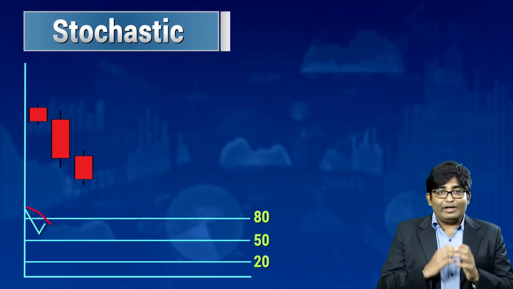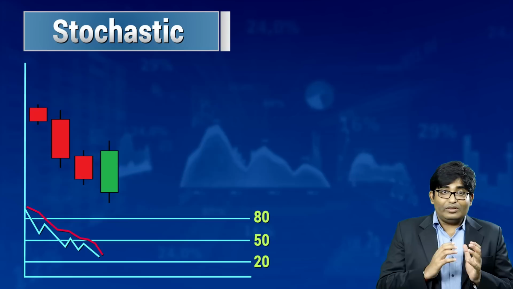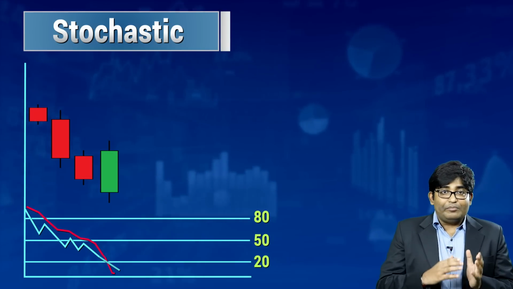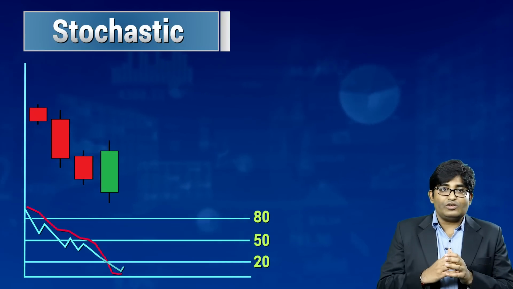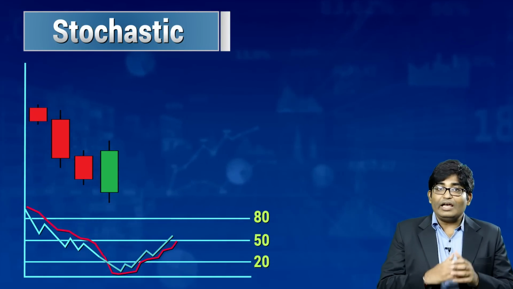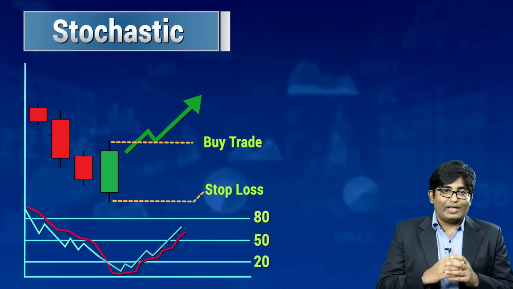Another type of bullish signal is generated when percentage K line crosses the percentage D line. Now this percentage K crossing the 20 region and the percentage K and D having a positive crossover can happen simultaneously or one before the other. Basically both are bullish reversal signals.